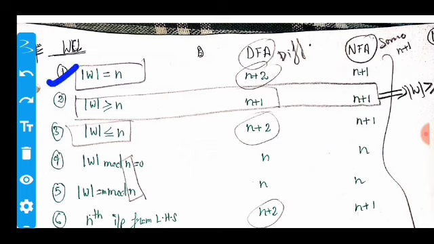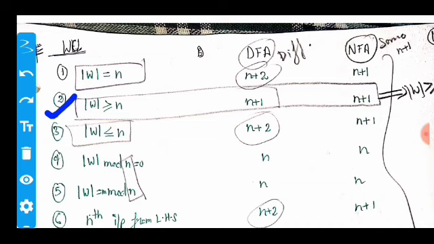So when your word length is equal to n, then the number of states in DFA is n plus 2 and in NFA n plus 1.